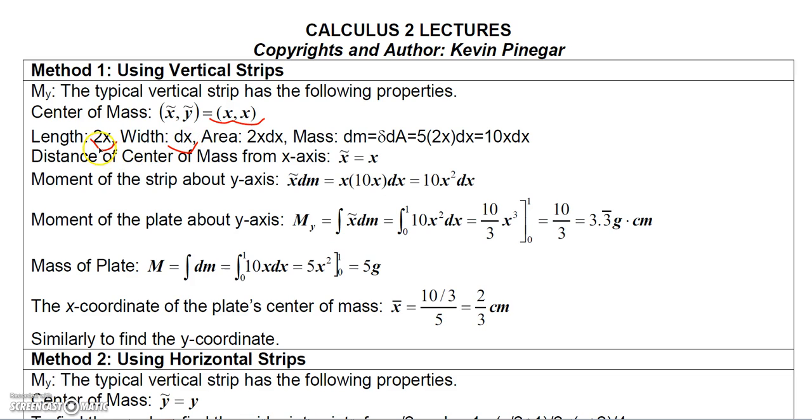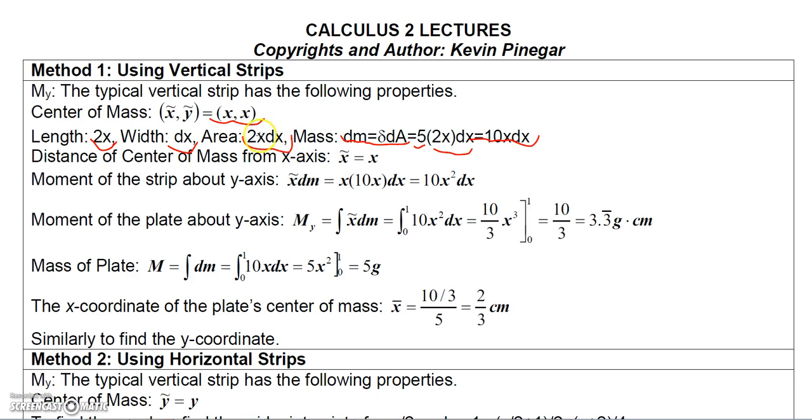If you multiply the length times the width, the area of your strip would be 2x times delta x. And then the mass of the strip, from what we learned earlier, is just the density function times the area. So that would be the 5 for the density function, and then the 2x dx for the area. And if you multiply that together, you get 10x dx.